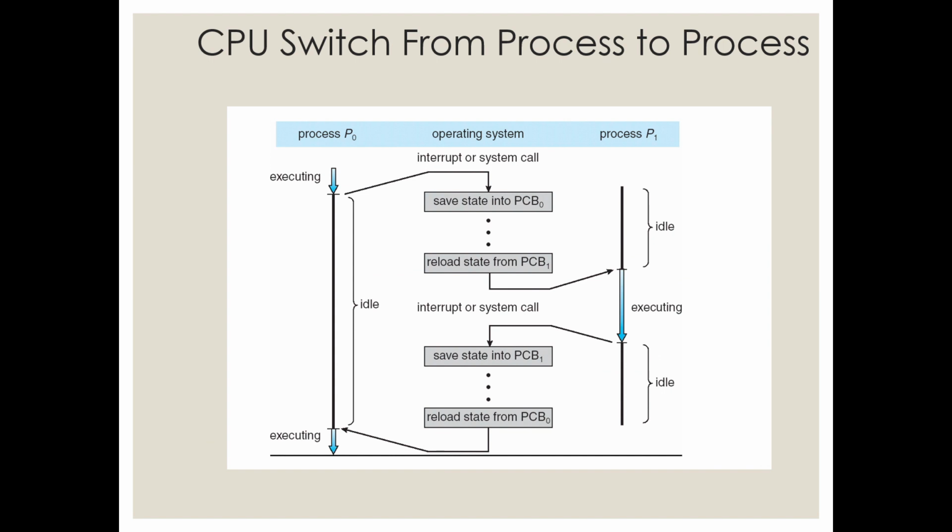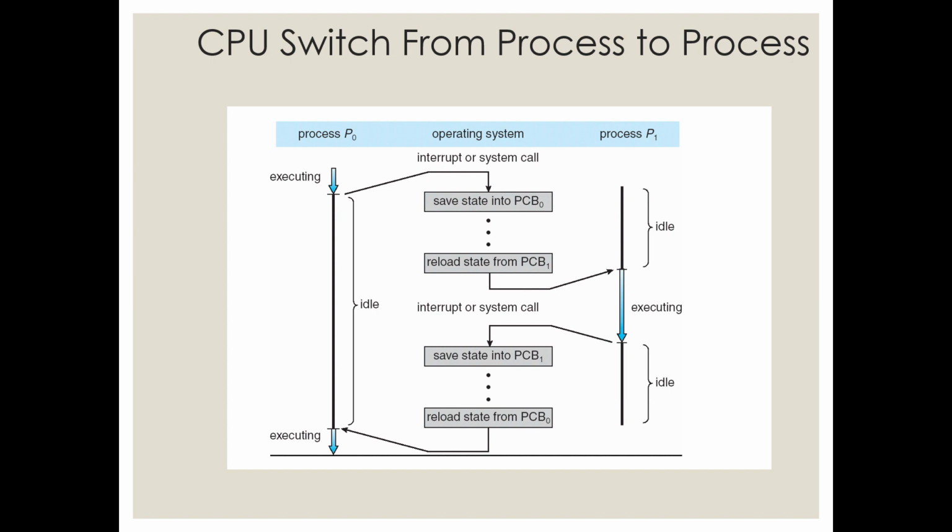Now the CPU switches from process to process. While we have process P0 executing and then process P1, we have an interrupt or system call, and the state is saved into PCB0, meaning it will enter the reload state. After the interrupt, it will go to process P1.